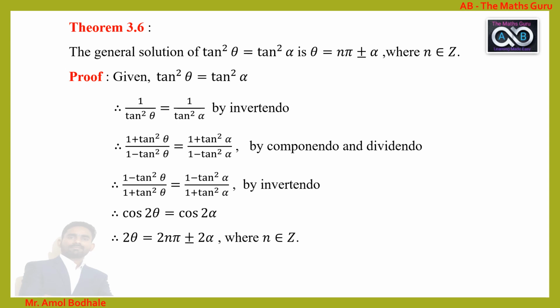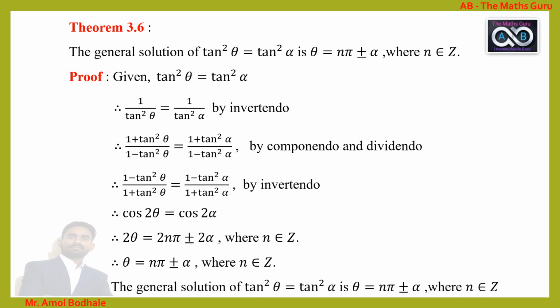The solution for cos of 2 theta equals cos of 2 alpha is 2 theta equals 2n pi plus or minus 2 alpha. If we divide by 2, we get theta equals n pi plus or minus alpha, where n belongs to Z. Therefore the general solution of tan square theta equals tan square alpha is theta equals n pi plus or minus alpha, where n belongs to Z.